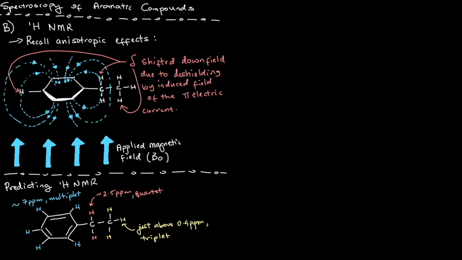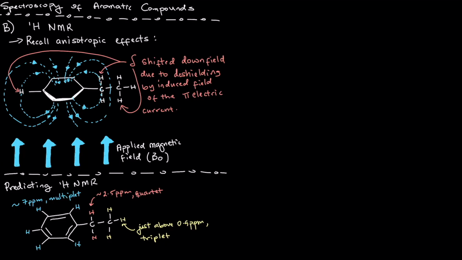So if you take this particular compound, ethylbenzene, we want to predict the H1 NMR chemical shift for the different types of protons on here. We will see that all 5 of those protons directly on the benzene ring are going to be somewhere around that 7 parts per million region on your H1 NMR spectrum. And because of how close they all are together, they're going to look like a multiplet. You're going to see almost like a bunch of lines at that 7 parts per million region.